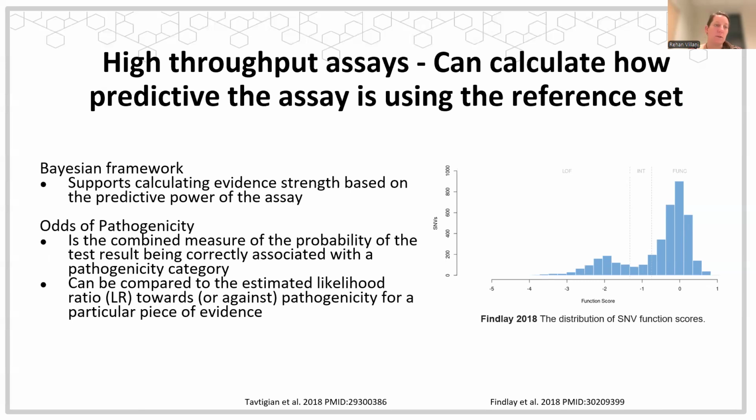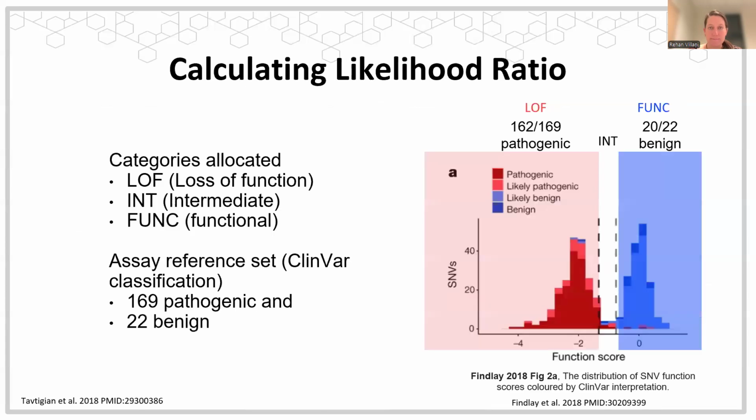This is according to a Bayesian framework as published by Tavtigian in 2018. In this paper, they calculated the odds of pathogenicity, which is the combined measure of the probability of the test result being correctly associated with that pathogenic category. We can compare the estimated likelihood ratio for this specific assay to the odds of pathogenicity to determine how strong or how predictive that assay is.